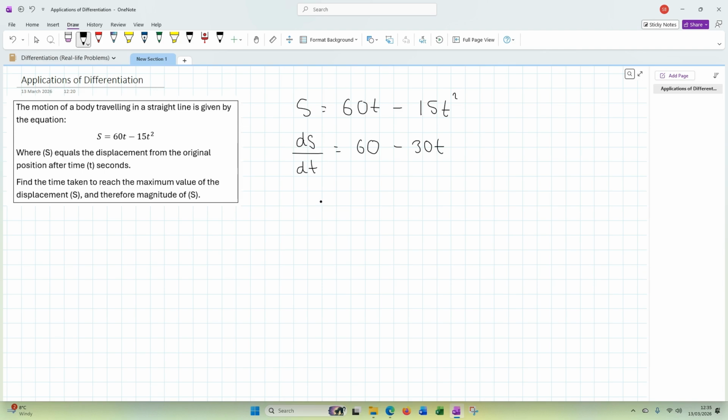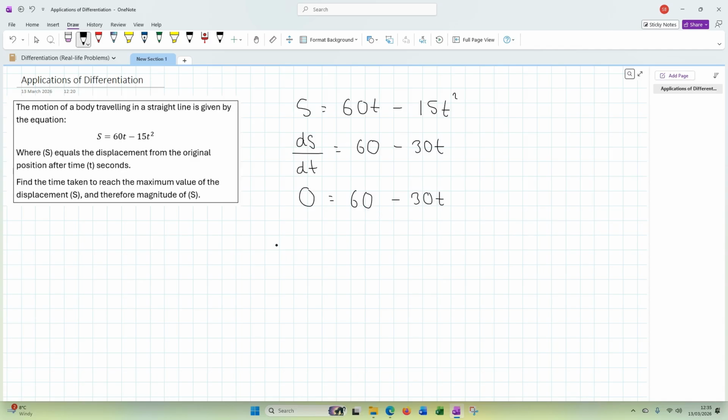Now we want to find t. So we equate the equation to 0 because to find maximum and minimum values, the derivative always equals 0. So 0 equals 60 minus 30t.